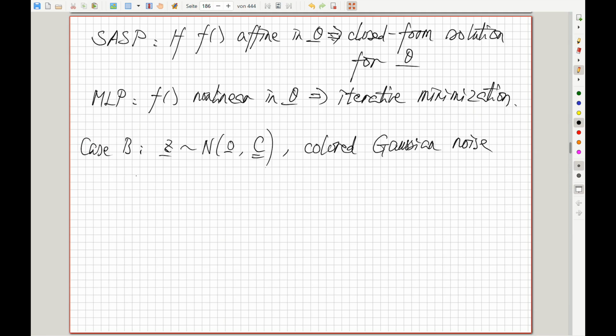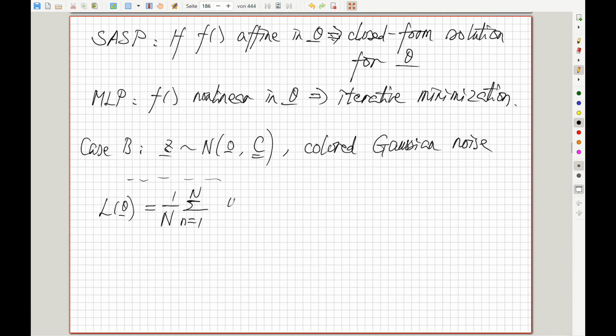In this case, we can still do the same calculation, and at the end we end up with a slightly different expression for the final cost function, because the loss looks slightly more complicated.